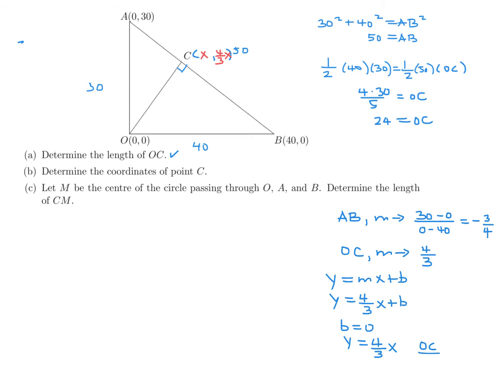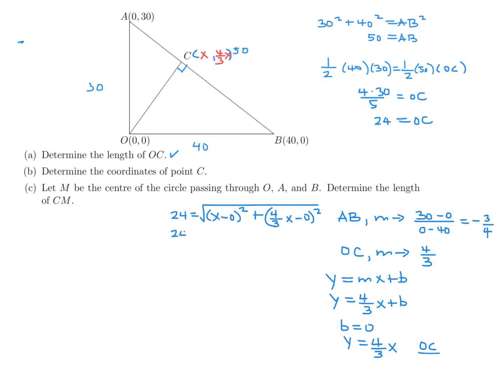And then we also know the distance from O to C. We calculated that already, it is 24, right up there. So we can use the distance formula: the square root of (x minus 0) squared plus (4 over 3 x minus 0) squared is equal to 24. That's just a simple distance formula.